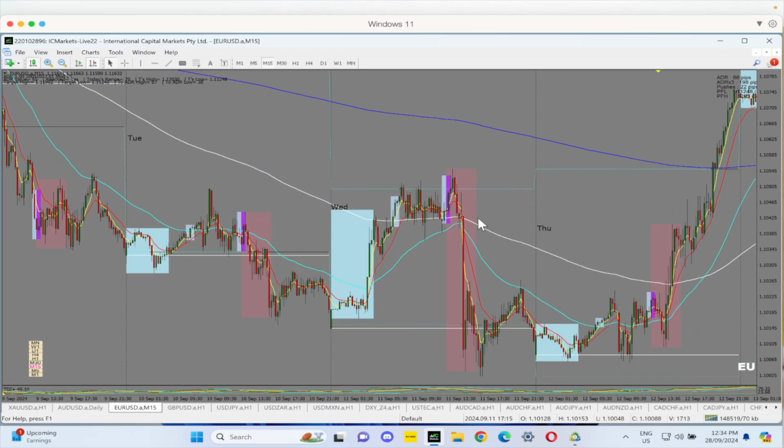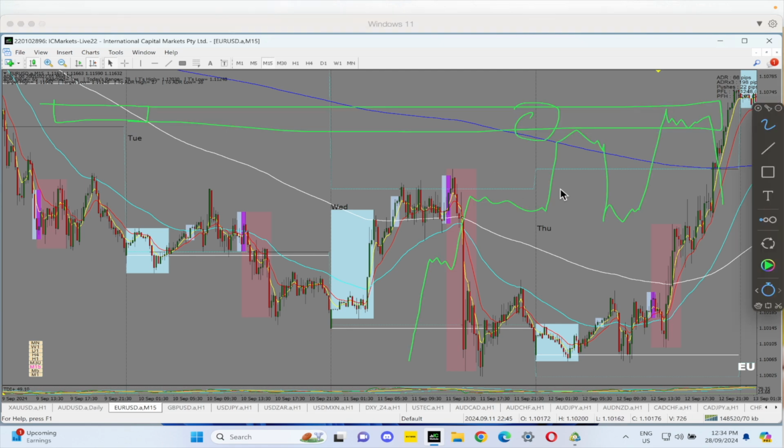With me right here is an M formation on a 15 minute time frame. Now look at what happened right here. The dealer actually formed the first leg, and he formed the second leg in the same spot, and then he formed the third leg in the same spot.